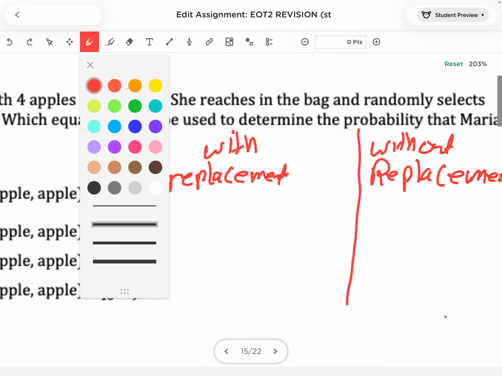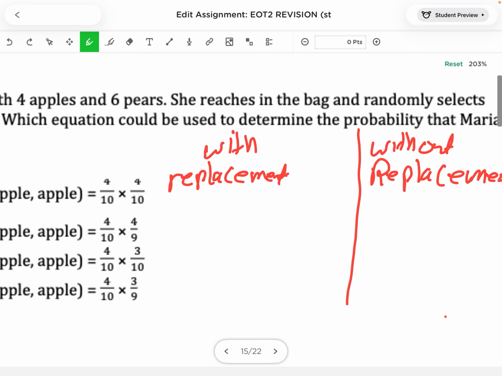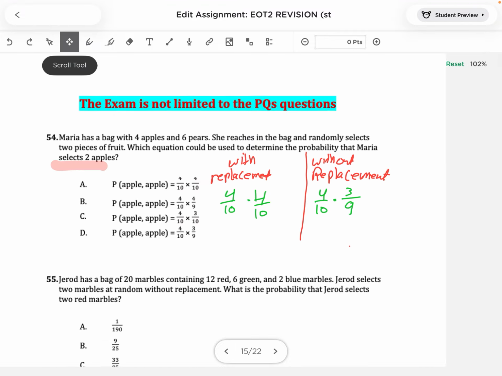If with replacement, the number of apples will not be affected: 4 over 10 times 4 over 10 again. But if it is without, it is 4 over 10, then the number of apples will decrease by 1 and the total will decrease by 1. So it depends on the question.